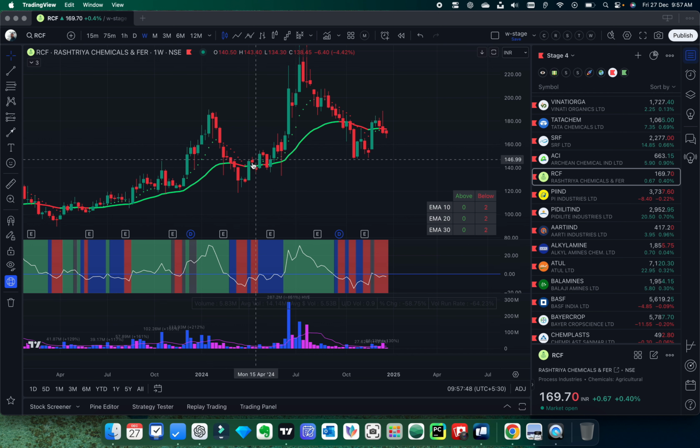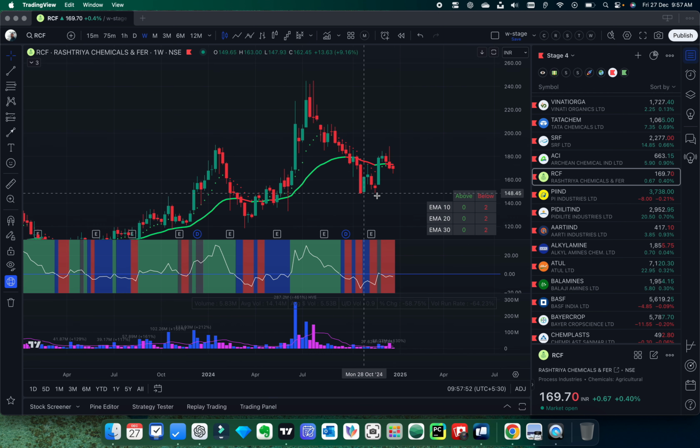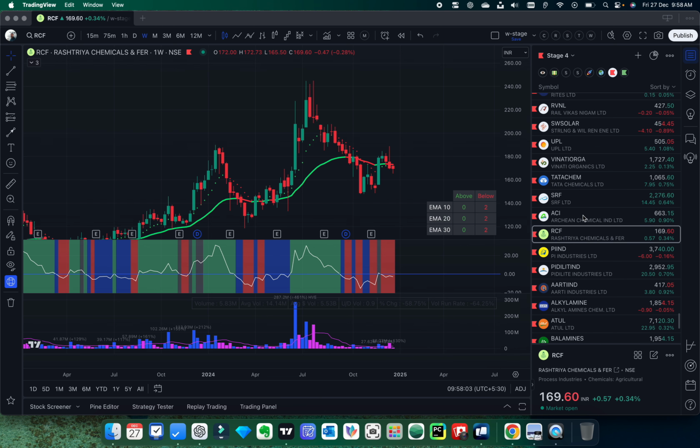So this can be again a basing stage, uptrend, again a basing stage, uptrend. Ideally the moving average is flat, so we would not want to have entry into this particular stock.